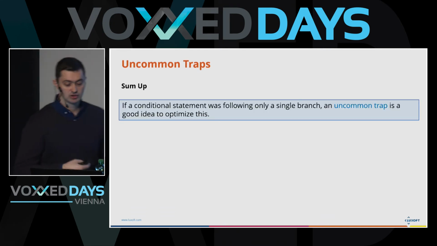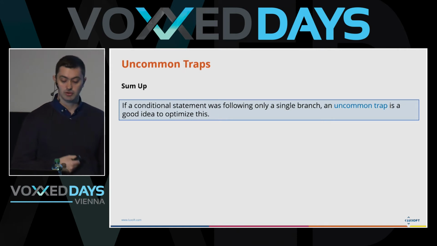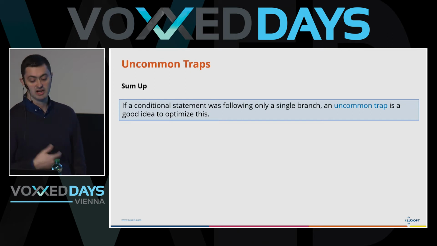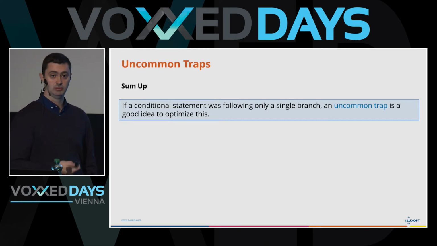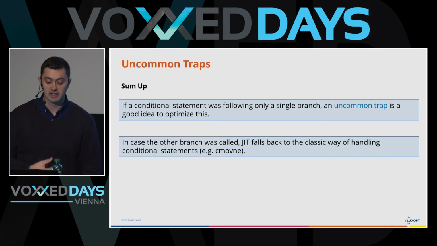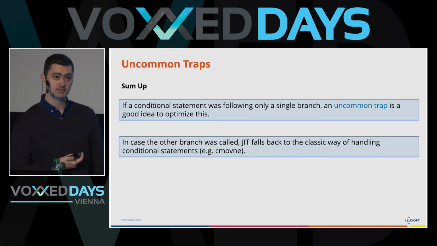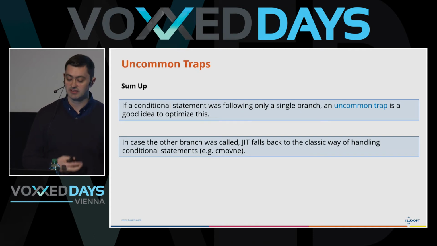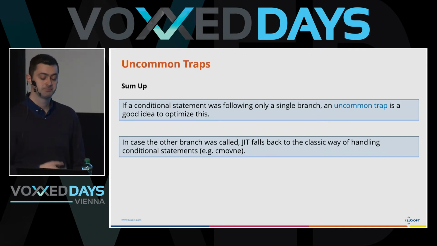Some sort of summary for you. If a conditional statement was followed only by a single branch, an uncommon trap is a good idea to optimize this during the runtime, as we saw. The thing is that once the uncommon trap is hit, the just-in-time compiler has more context. So in this case, it doesn't do any more uncommon traps.